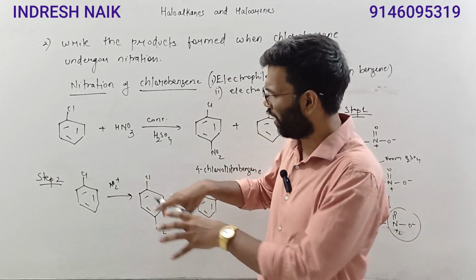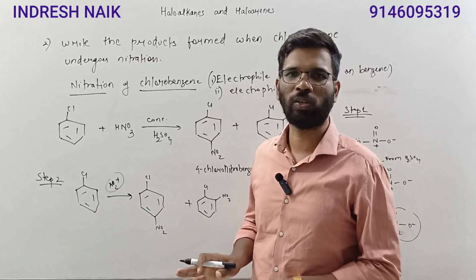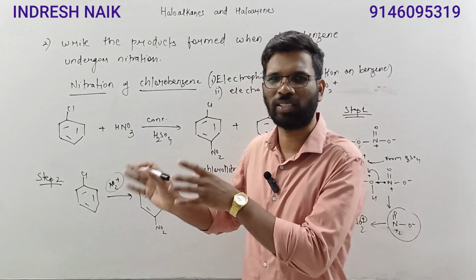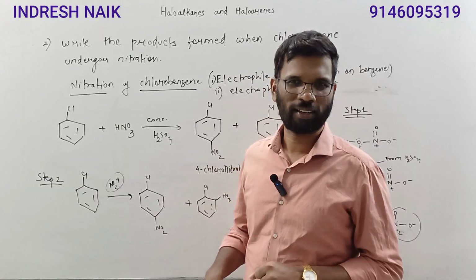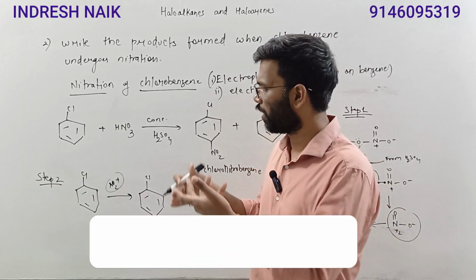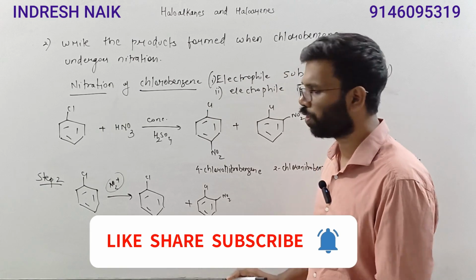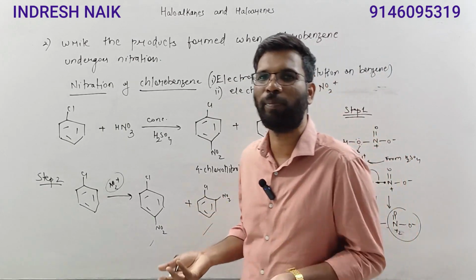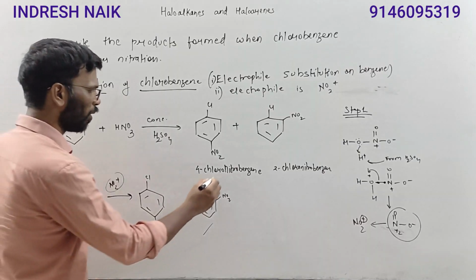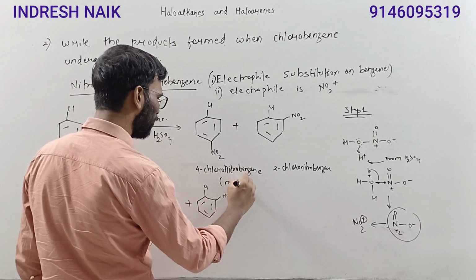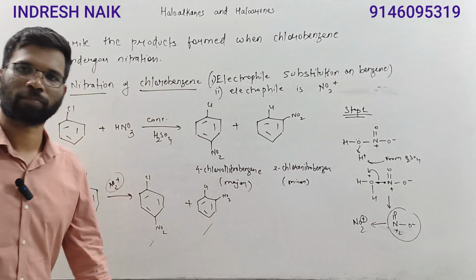For example, consider there are 1 lakh NO2 molecules in a given solution, and 1 lakh of chlorobenzene. In that case, 90,000 will be converted to this product and 10,000 will be converted to this product. That is what it means. So this is the major product and this is the minor product.